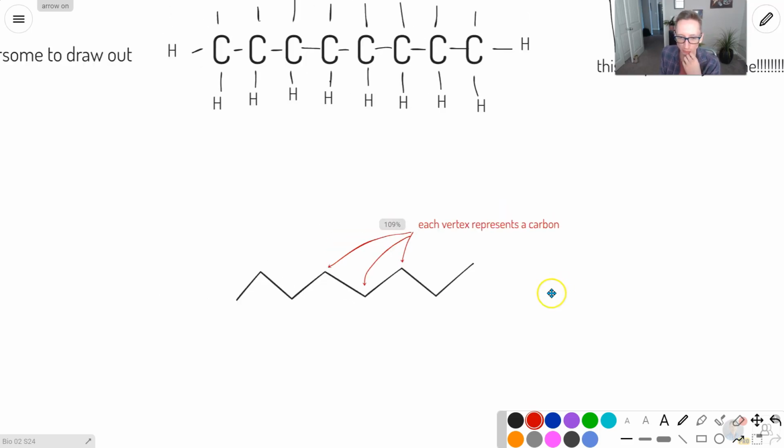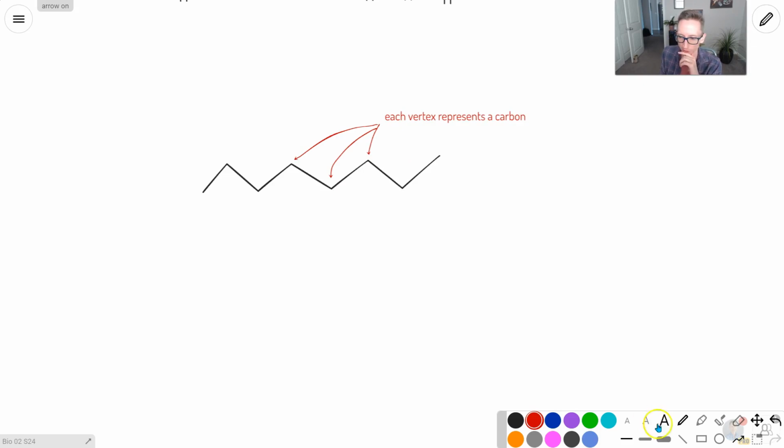Molecules can be in the shape of rings. For example, we can draw a 6-sided ring here. Let's do that. Draw it in black. Like so. Beautiful. This would be a carbon ring.